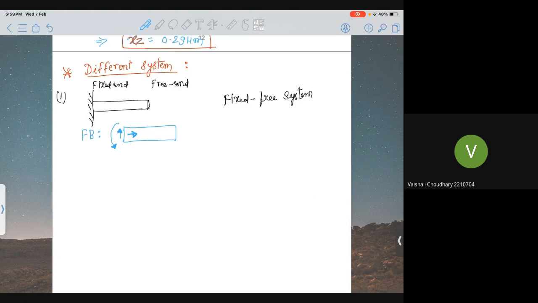On the other hand, the other end of the beam is free, so that will not experience any force because it is always ready to move.